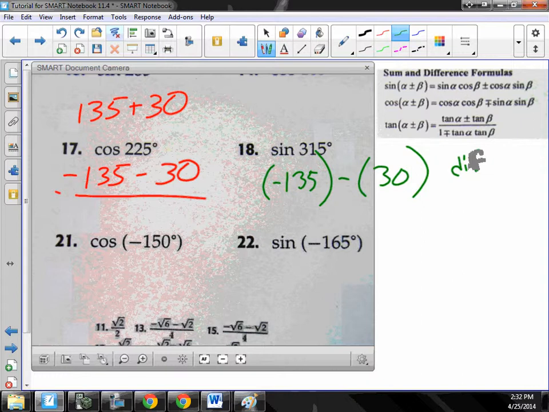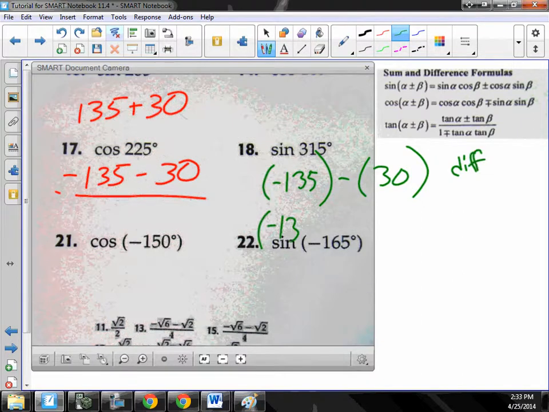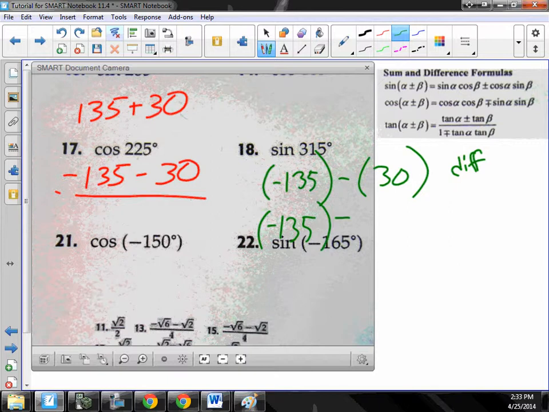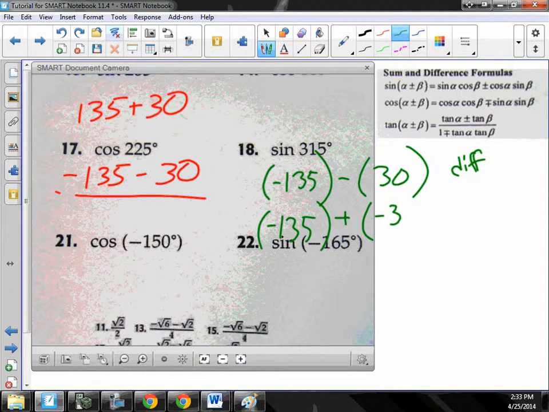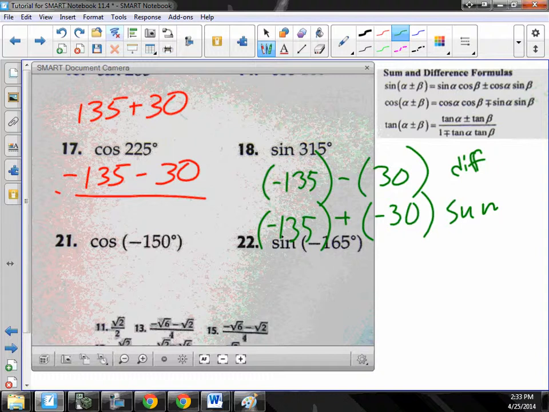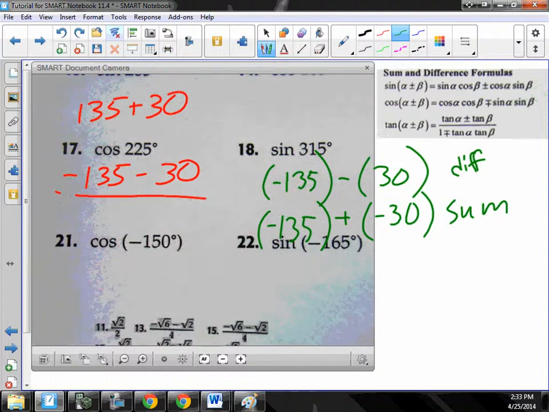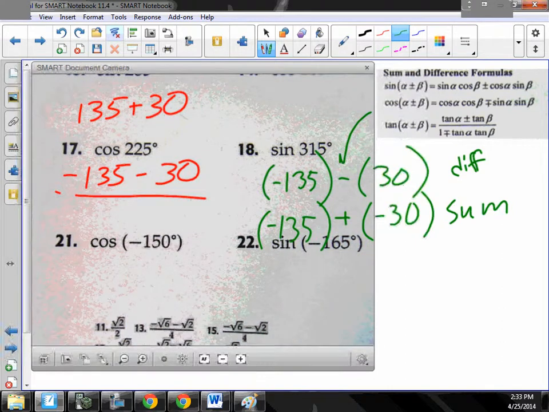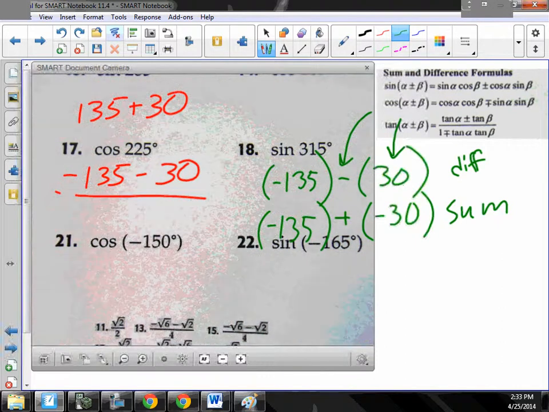Could I change that so it's a sum? That would be a sum. How would that change my problem? Well, in the first one, it's a difference formula, and my angle is 30.